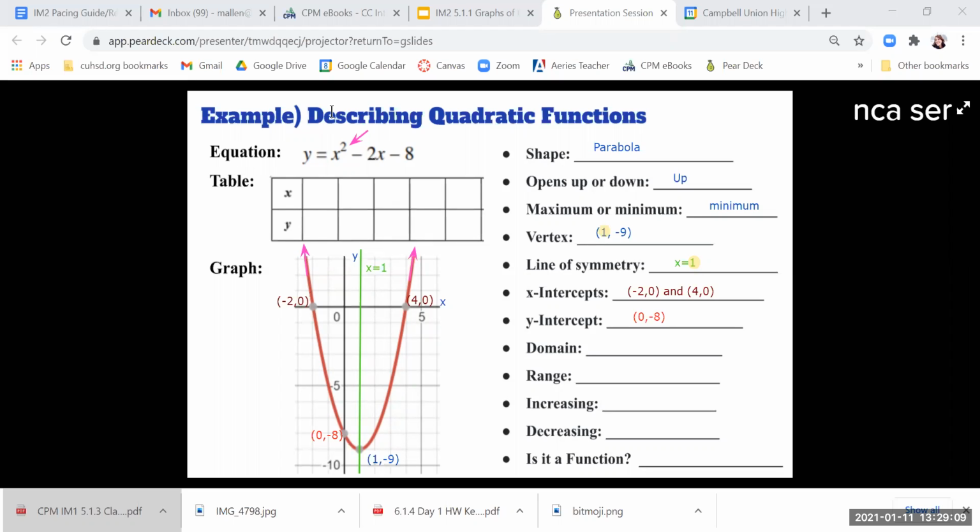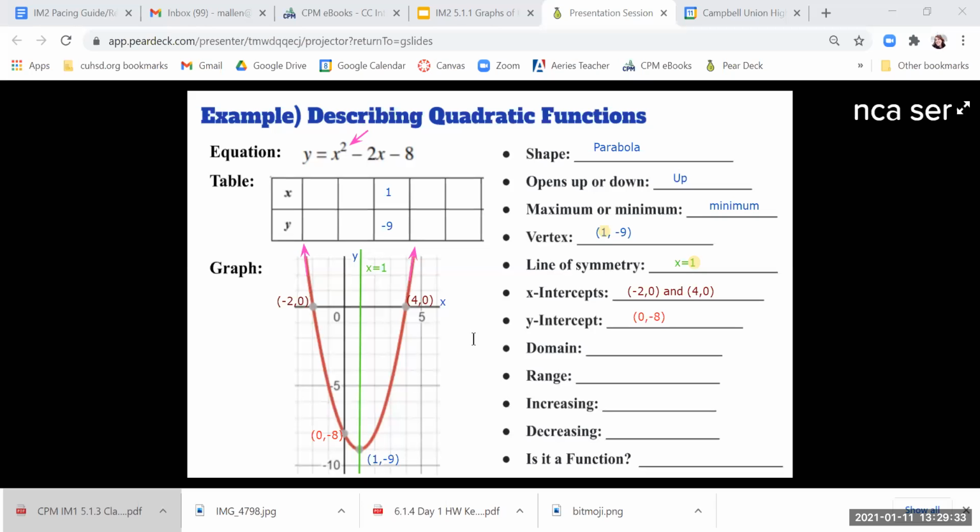It becomes a nicer, clearer numeric representation of the visual. The vertex was (1, -9). We figured that out, so I'm going to put that as my middle point in my table.